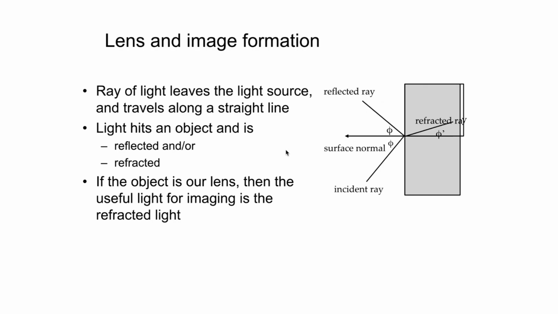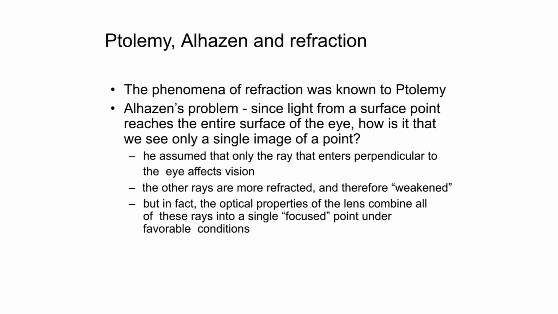So if the object is our lens, for instance, then the useful light for imaging is the refracted light. This is mainly preached by the intromissionists and also by Al-Hazan.